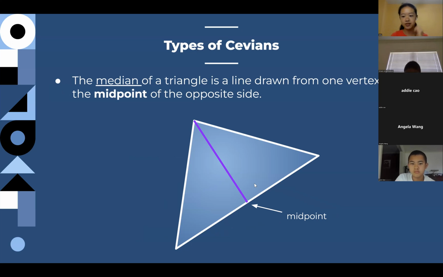And there's different types of Cevians. There's 3 types of Cevians, and the type of Cevian is based on how you make it. For example, if you draw a line that connects from the vertex of the triangle to the midpoint of the other side, this is called a median because it's connecting to the middle of the other side.